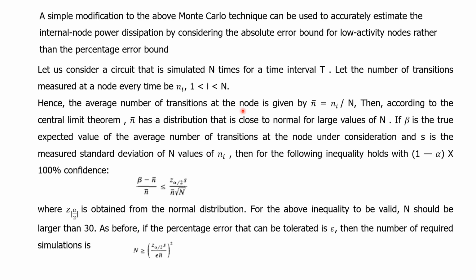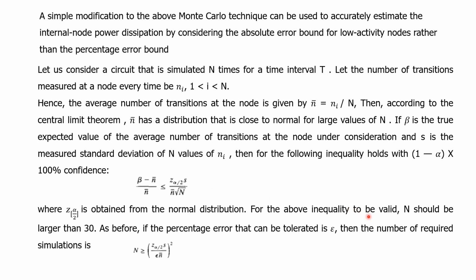Hence, the average number of transitions at the node is given by n bar equal to the sum of n i divided by capital N. Then, according to the central limit theorem, n bar has a distribution that is close to normal for large values of capital N. If beta is the true expected value of the average number of transitions at the node under consideration and S is the measured standard deviation of the N values of n i, then the following inequality holds with (1 minus alpha) times 100% confidence: beta minus n bar divided by n bar is less than or equal to z alpha by 2 times S divided by n bar times square root of N. So z alpha by 2 is obtained from the normal distribution.